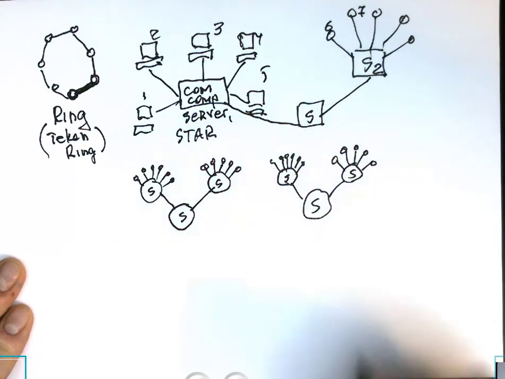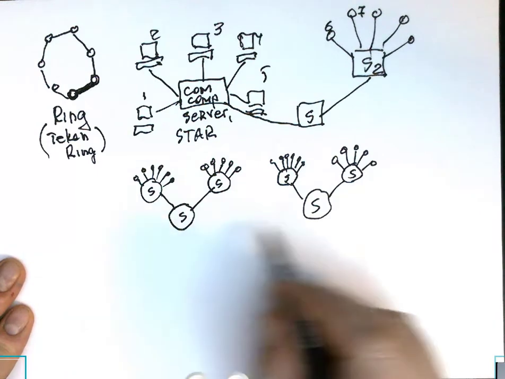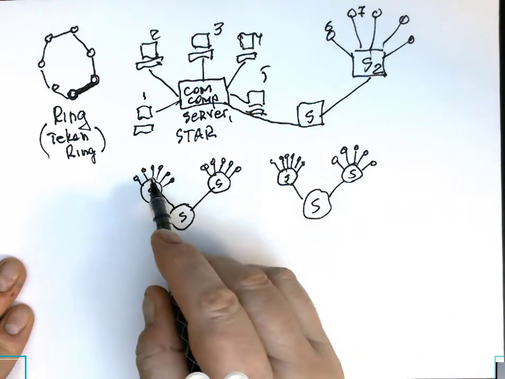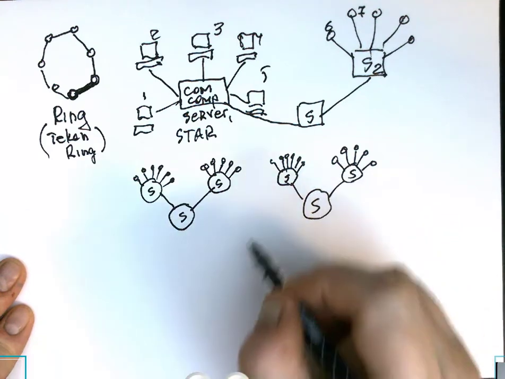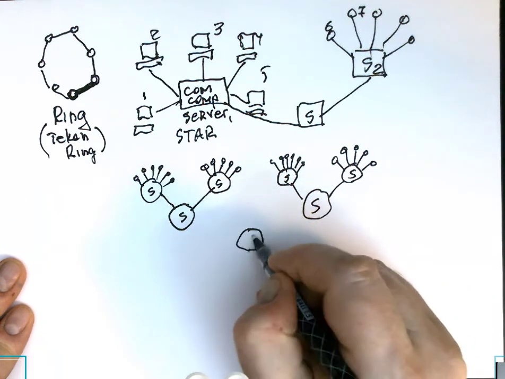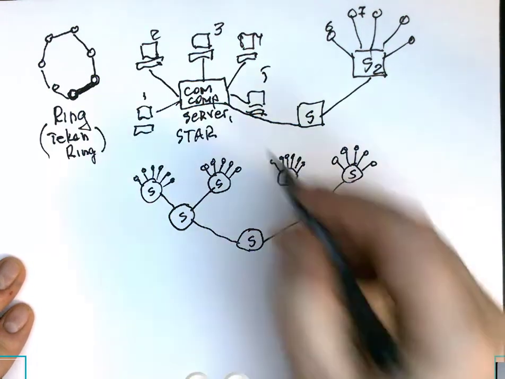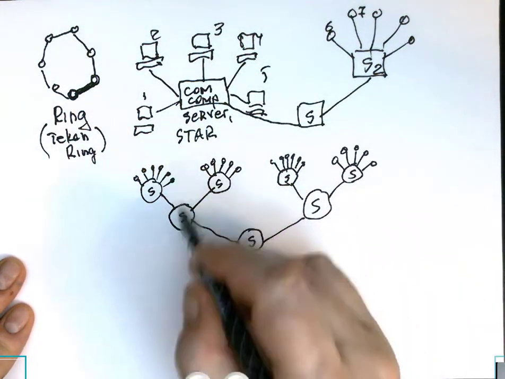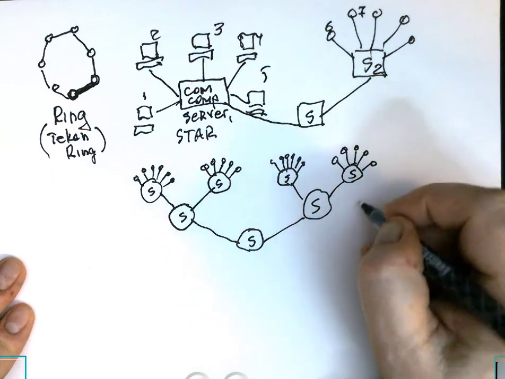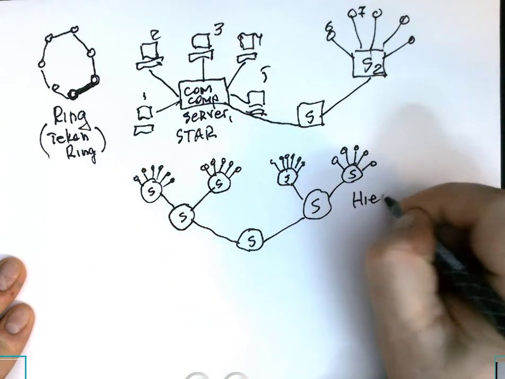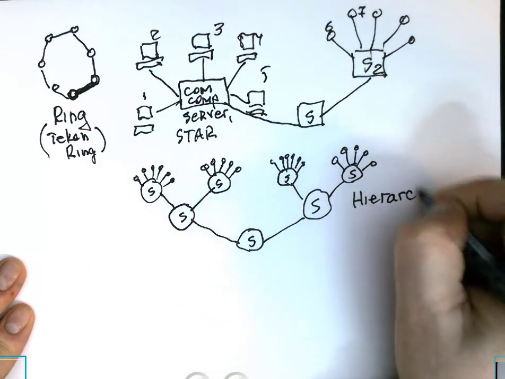Folks, that will be the same thing. Now, how do we connect these 2 servers? If I would like to connect this one to that one, we need a bigger server, and that will be like this. So if this is star communication, that diagram is named hierarchical.